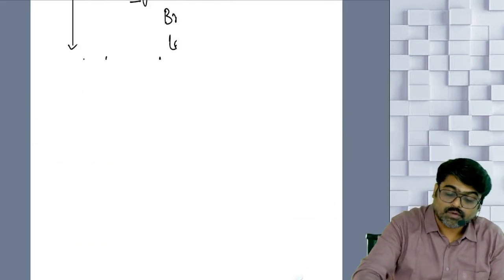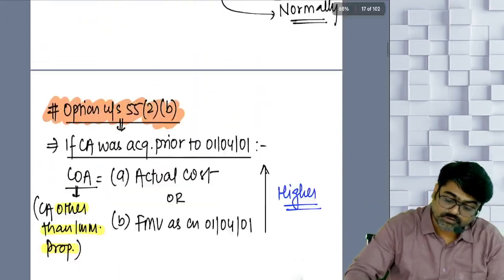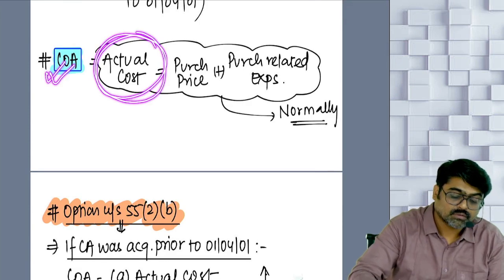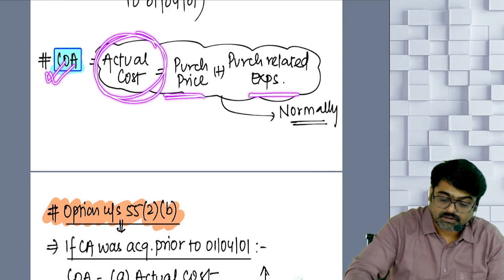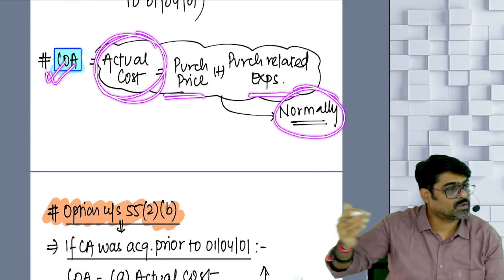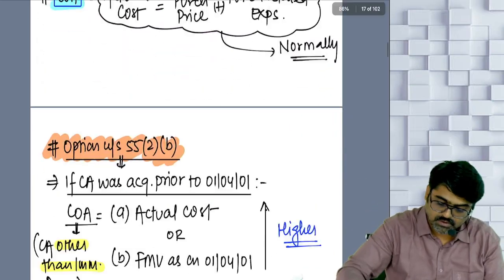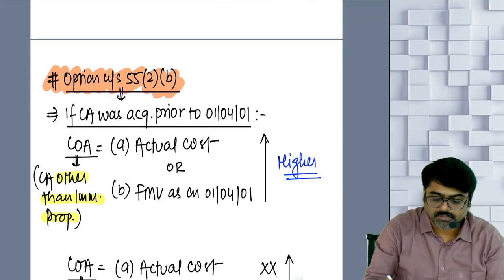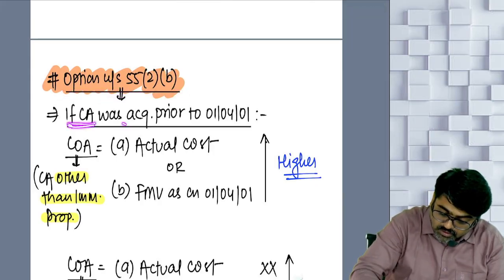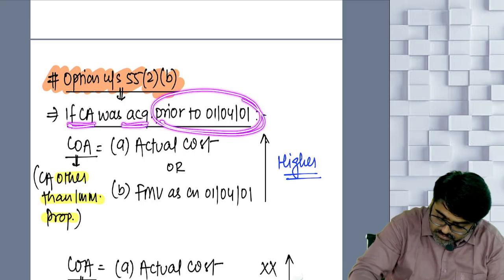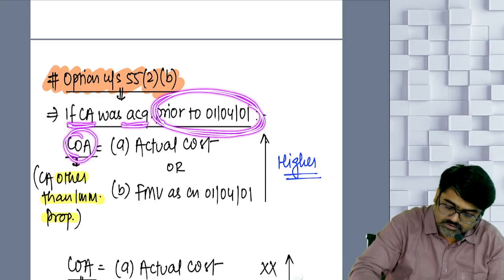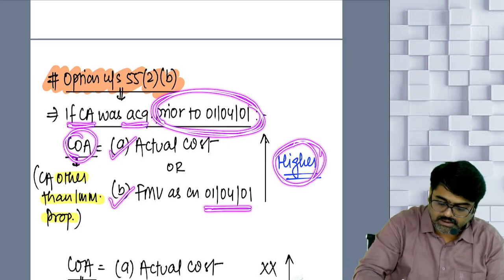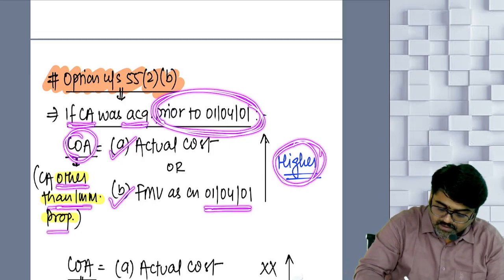What is cost of acquisition? It is PP plus PRA. Normally, actual cost is cost of acquisition. The option you are getting under 55(2)(b): if the capital asset was acquired prior to 1st April 2001, cost of acquisition will be actual cost or fair market value as on 1st April 2001, whichever is higher, for capital assets other than immobile property.